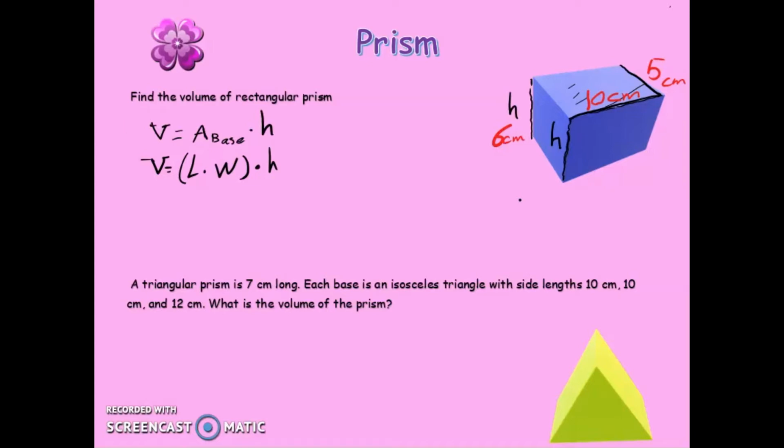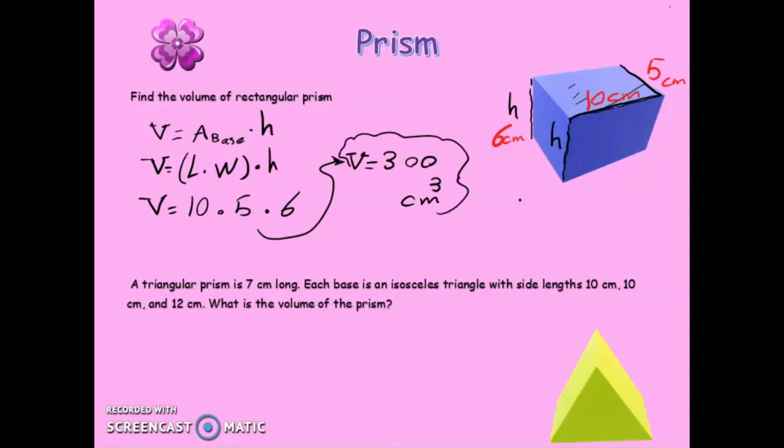Substituting the values, the volume would be length 10 times width 5 times height 6. Multiplying in your head or using a calculator, 10 times 5 times 6 is 300. The unit is centimeter, but in 3 dimensions, it should be centimeter cubed, raised to the 3. So this is the volume of the rectangular prism.